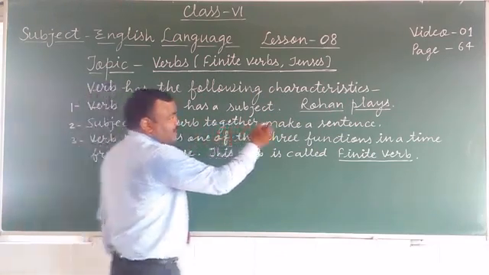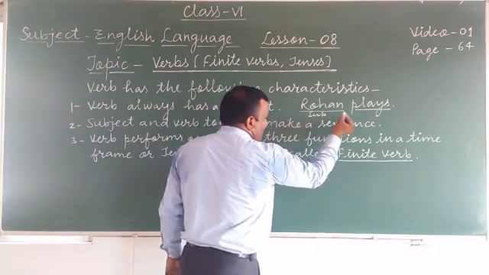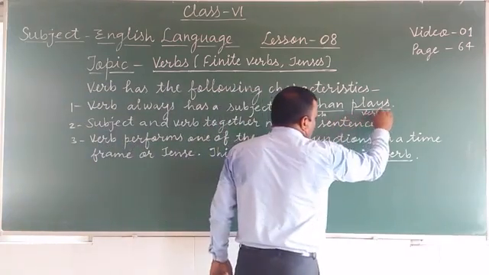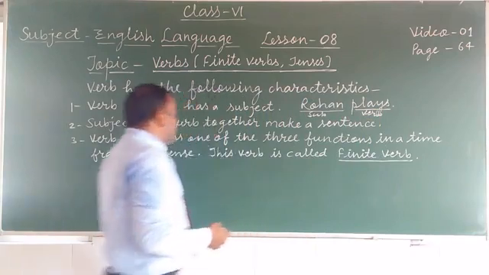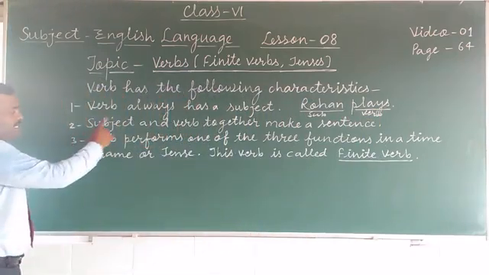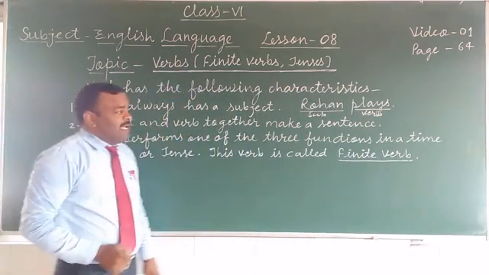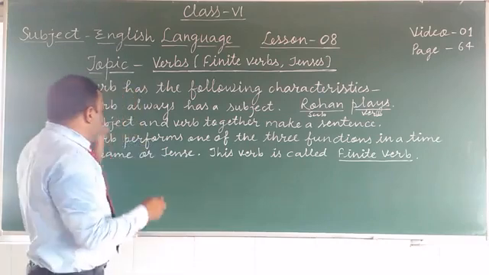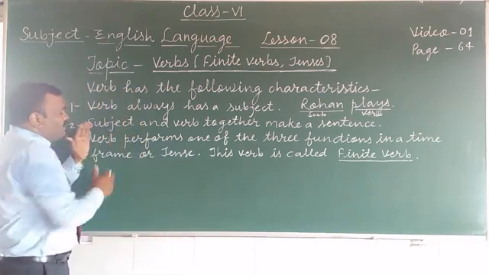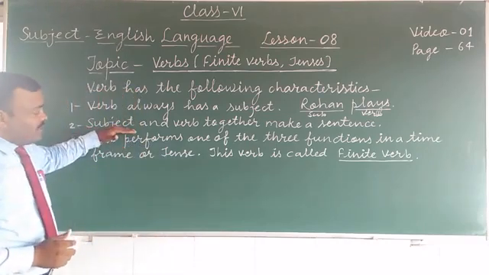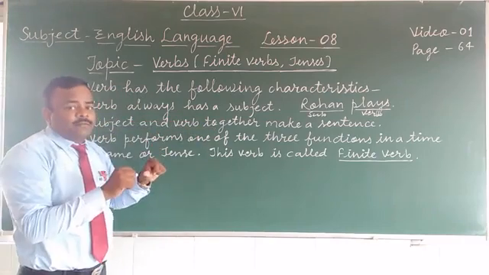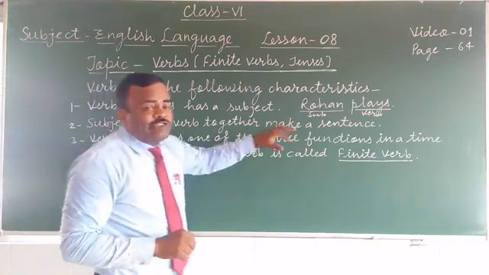So your first rule says verb always has a subject. So Rohan is here the subject, and play is the verb. Second point: subject and verb together make a sentence. When we add subject and verb together, it makes a sentence.